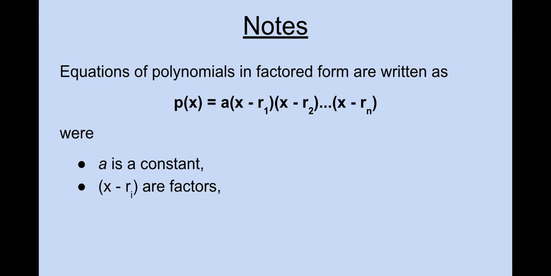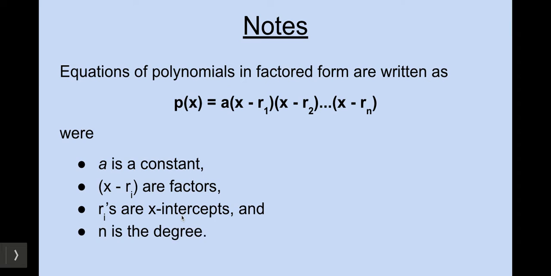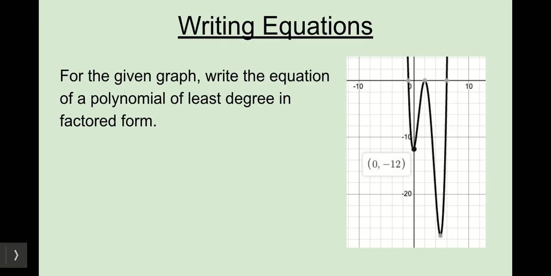We know that the x minus r's, these pieces right here, these are factors. How do I know they're factors? It's all multiplication. I know that the actual r itself, change the sign, this r, that is the x-intercept. And I know that however many of these I have, that's going to be my degree. Okay, so let's try this.